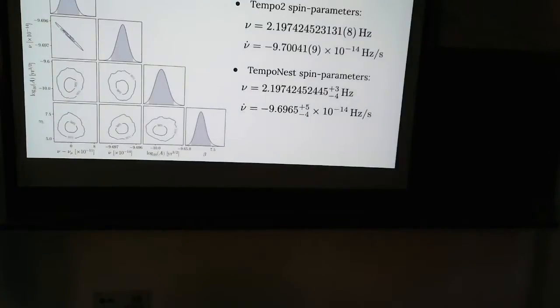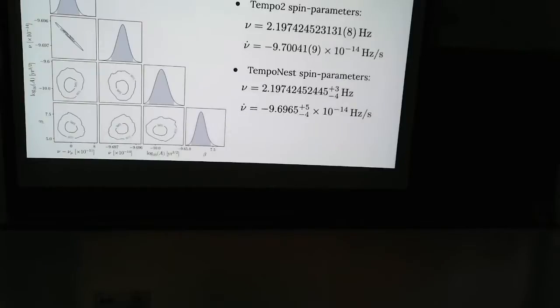This means that because we haven't taken into account the timing noise in this particular pulsar, we've ended up with what is potentially a biased measurement of the spin down of the pulsar. And there's a similar effect, but to a lesser extent, with the pulsar spin frequency.